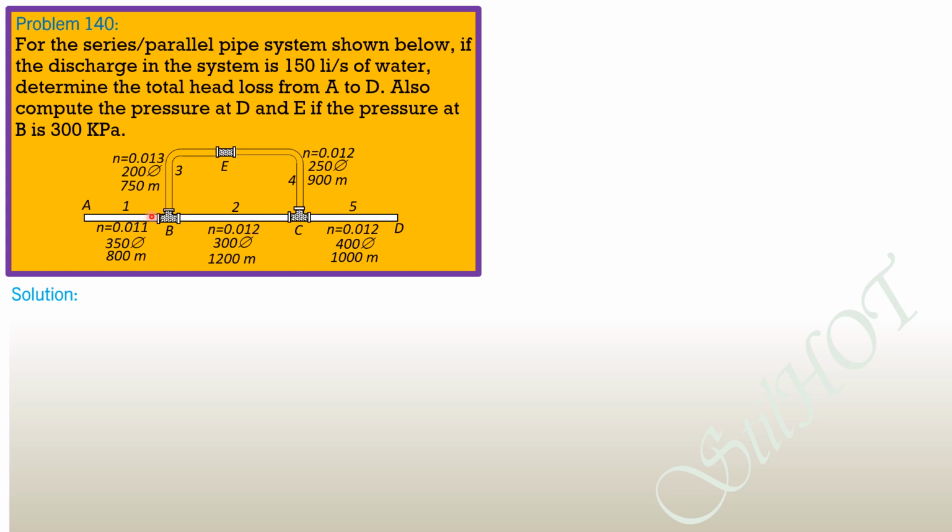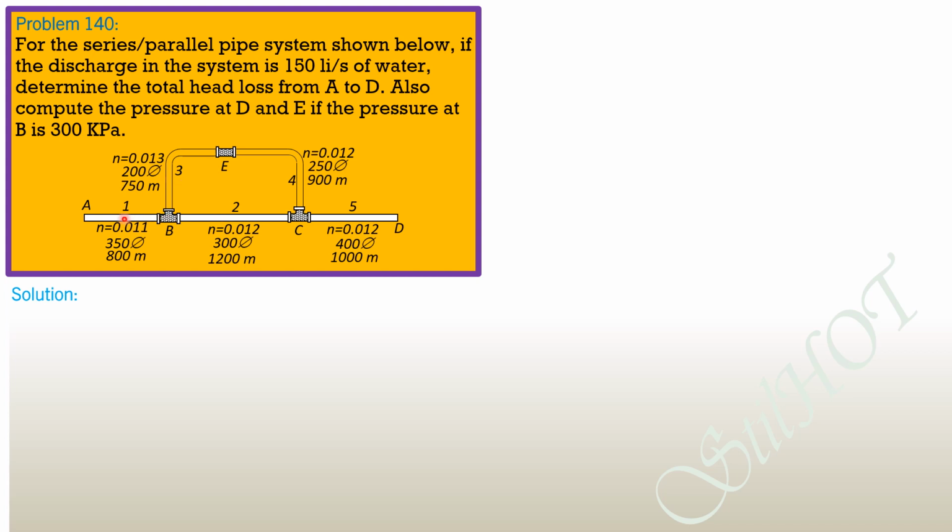Then for the discharge in pipe 2, we need to equate the head loss in pipe 2 to the sum of the head losses of pipes 3 and 4. We note that Q3 equals Q4. So from there, we can express the discharge in pipe 3 in terms of the discharge in pipe 2.